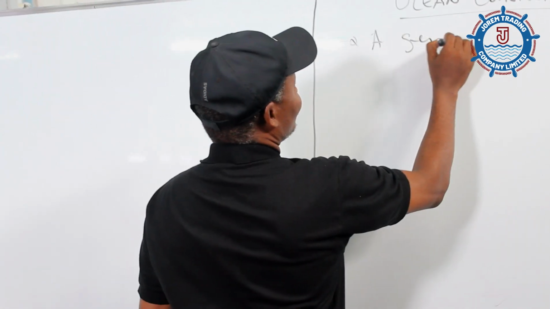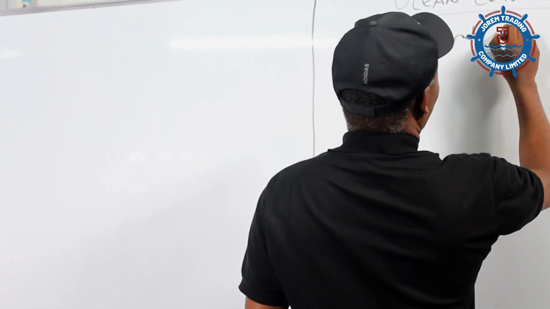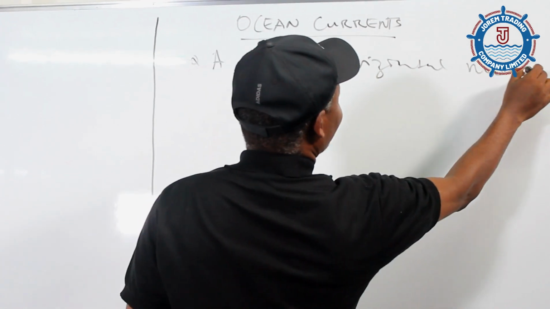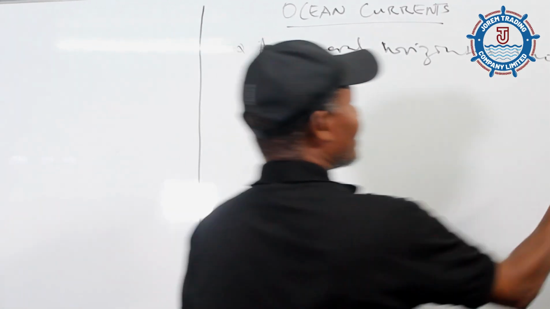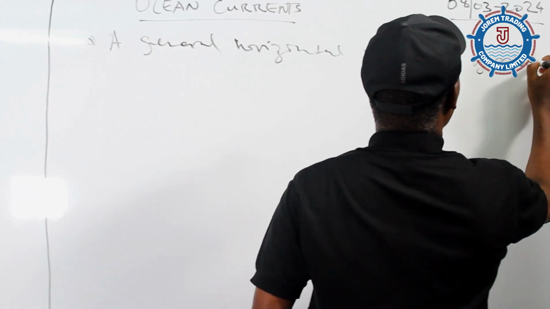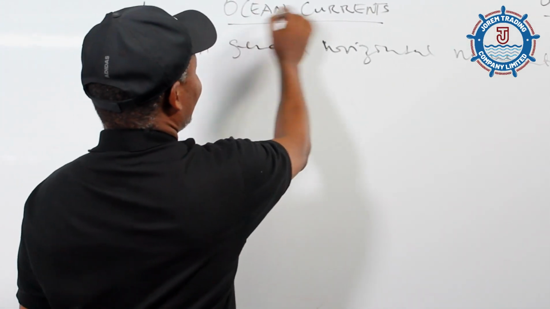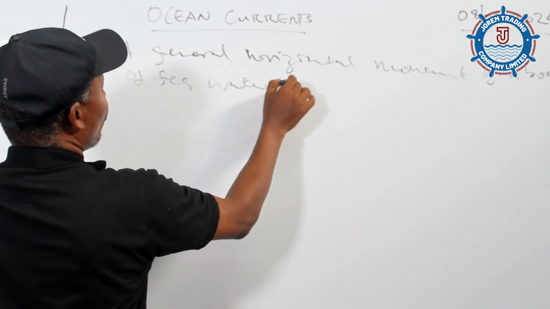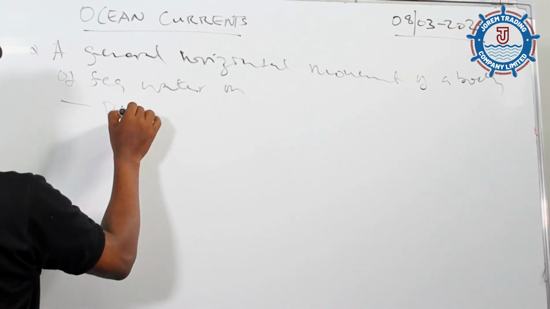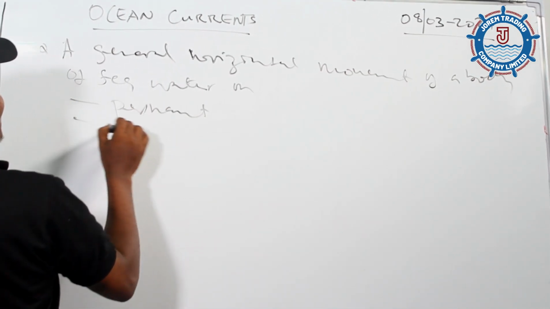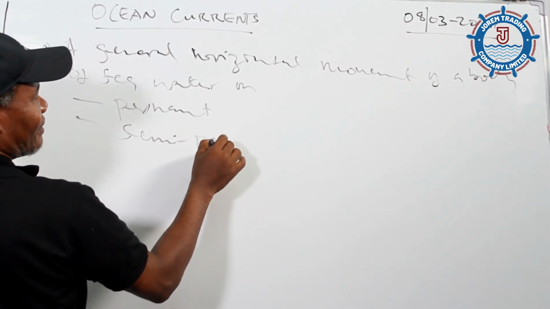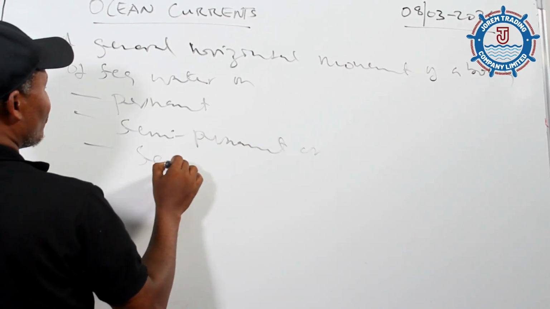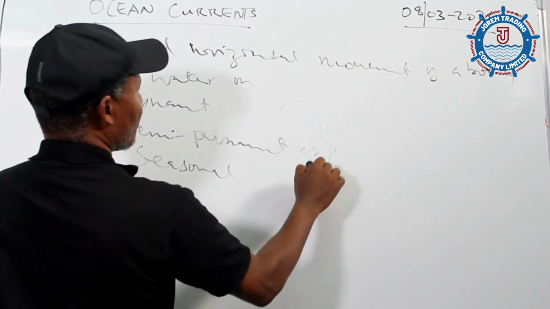a general horizontal movement of a body of seawater, because we say ocean current, a body of seawater on either permanent, semi-permanent, or seasonal basis.